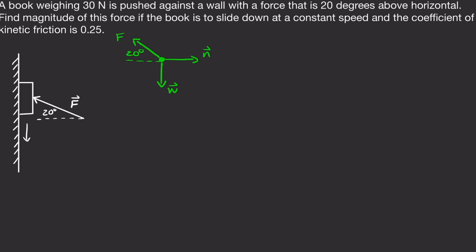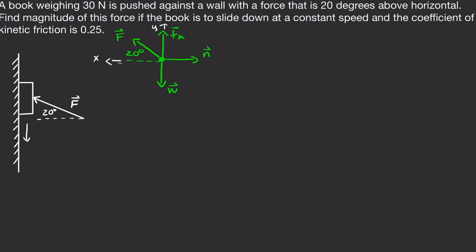So just call this F. And then since the book is going to be sliding down, that means there's going to be friction fighting that in the opposite direction or up. So it's kind of weird to have friction up, but that is opposite the direction that we're moving. And I'm going to call to the left my positive x direction.